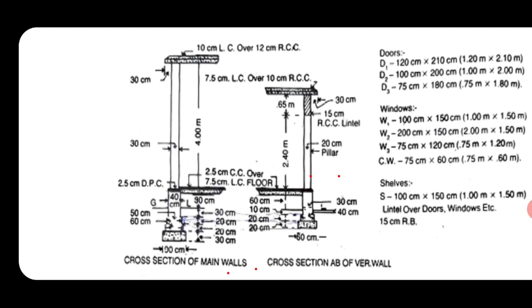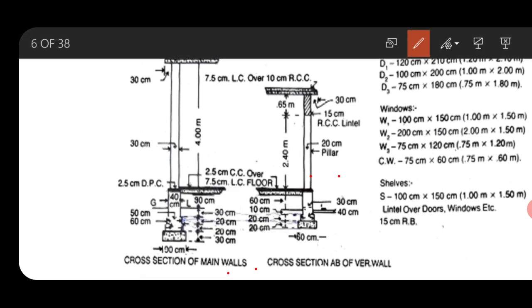That means here the cement concrete work in 20 centimeter wall is done at a depth of 30 centimeter. You can see here this one is the ground level, and at a depth of 30 centimeter the cement concrete work is to be prepared.